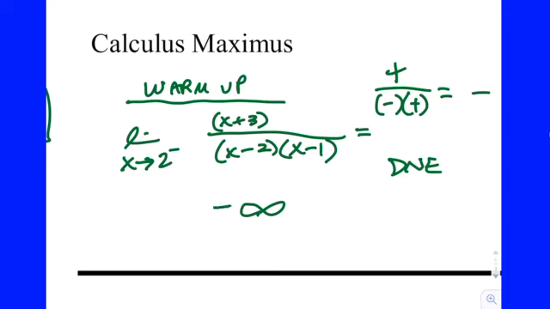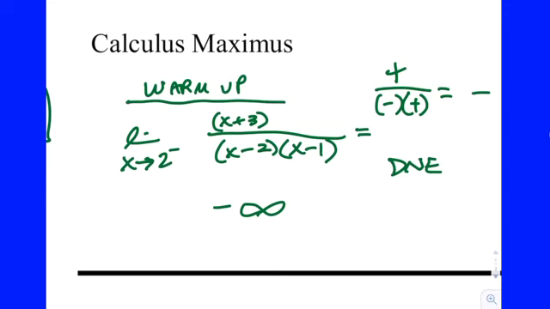Now, in this case, I came up with this example because if you pick a number to the left of 2, like 1, would that work? No, if you plug in a 1, you see that you get DNE again. So maybe you go further to the left of 2, like 0. What happens if you plug in a 0? You get positive over positive, which is positive.